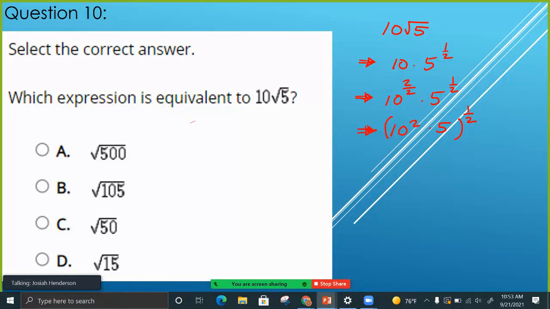And now in my parentheses, I can figure out what these are. 10 to the second power is 100 times 5. So that's 500 to the 1/2. And if I convert that back to radical form, that's square root of 500.